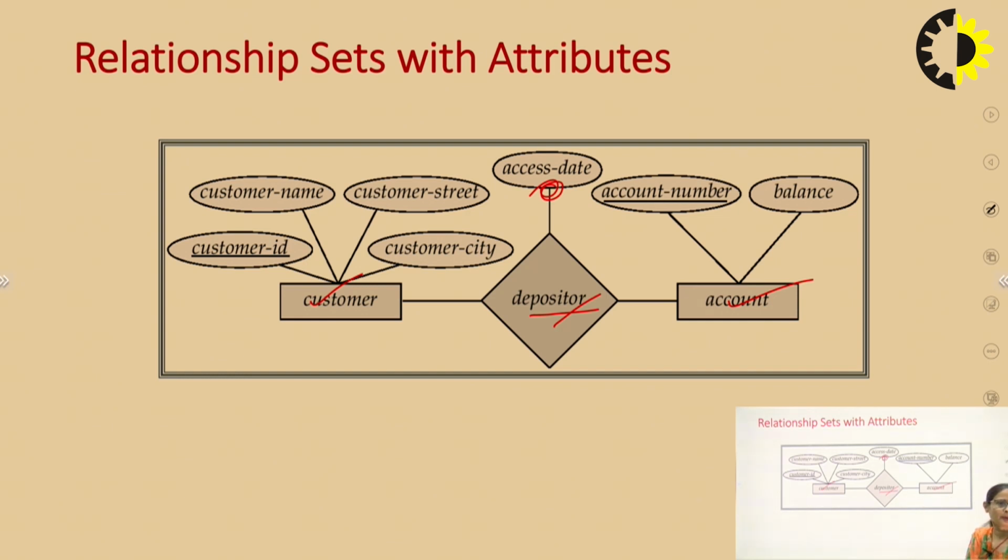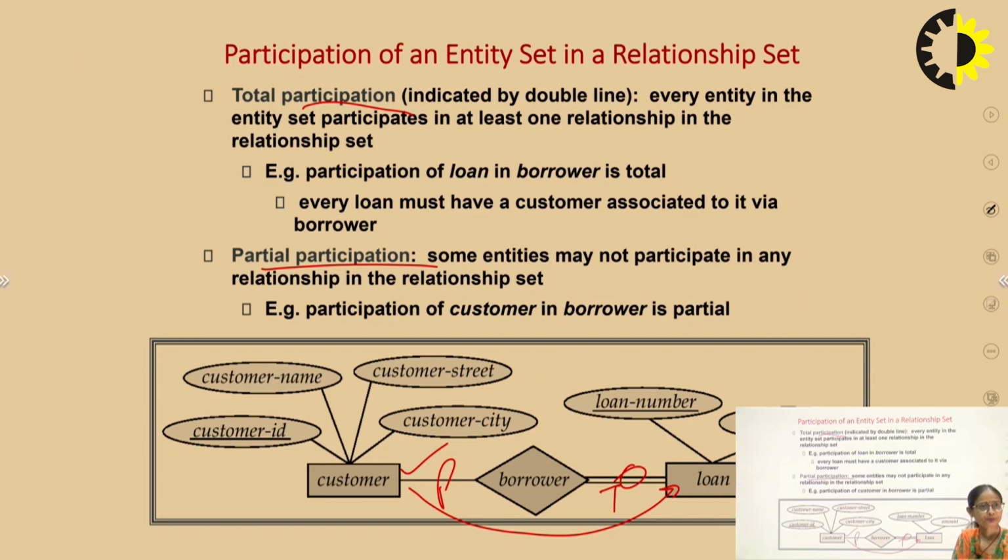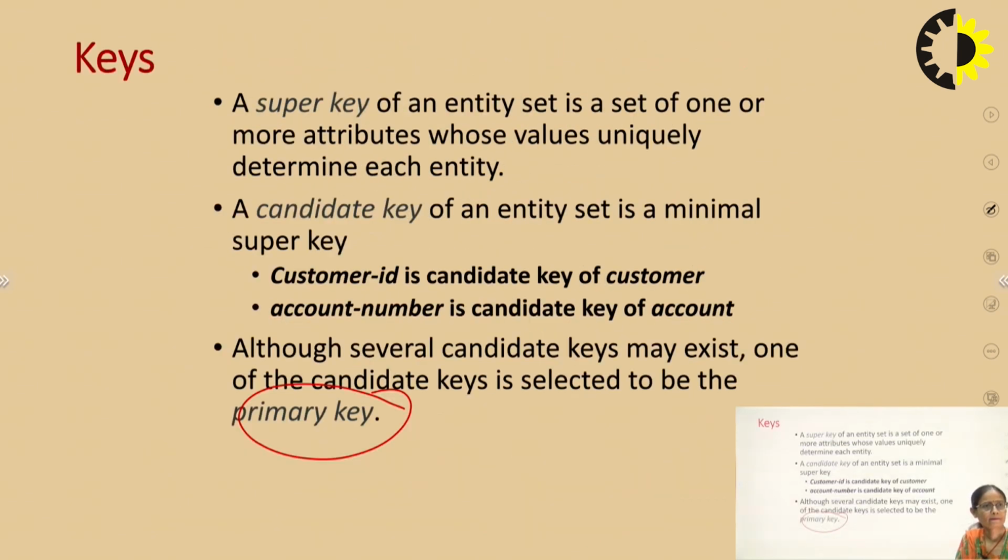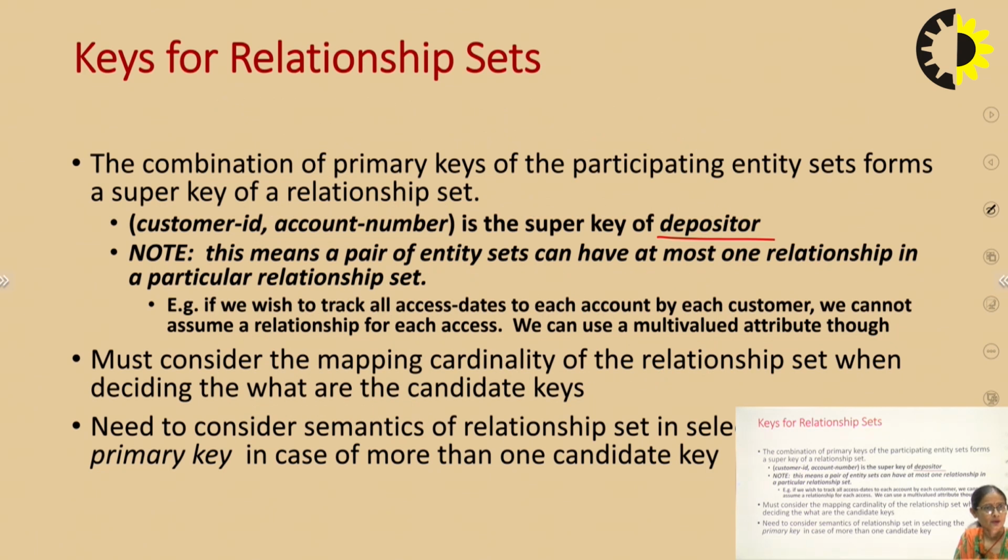So its candidate key becomes customer ID and account number. It becomes a super key of the depositor. This means a pair of entity sets can have at most one relationship in a particular relationship set.